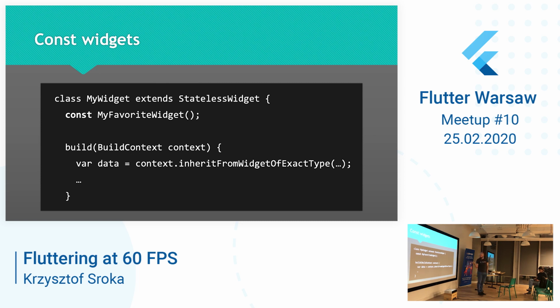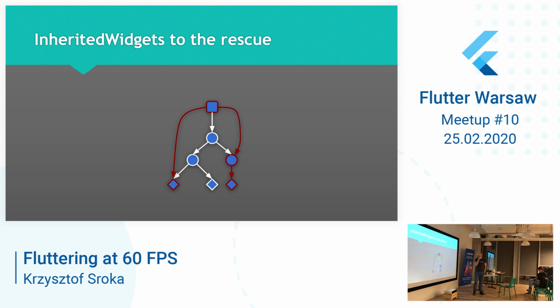Of course. This is what I said. If we do that inherited widget thing, it doesn't discriminate. If you use only part of the data it provides, it doesn't matter. It will always trigger a rebuild if it determines it changed. So this is where it can go wrong.